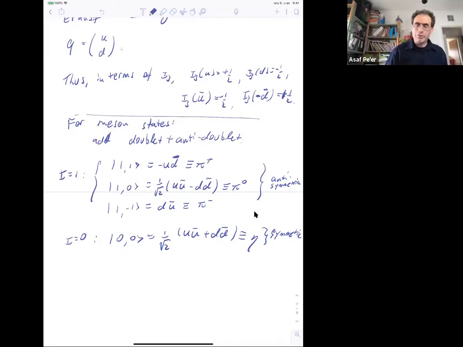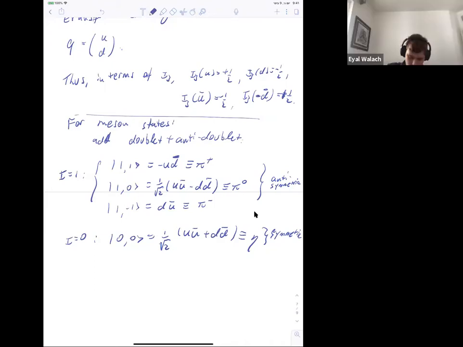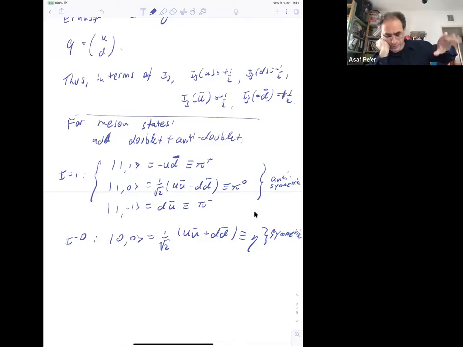So let's go back. In quantum mechanics, you learn about the ladder operators, right? It's identical here to what we do. The only thing which is different is that there is an opposite sign to the spin, but forget about the sign.